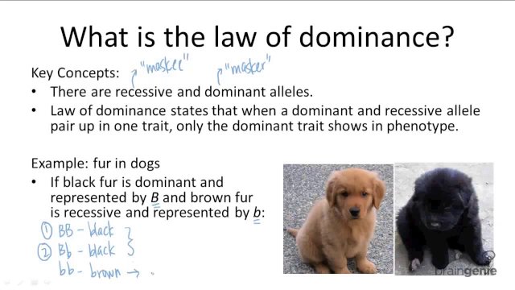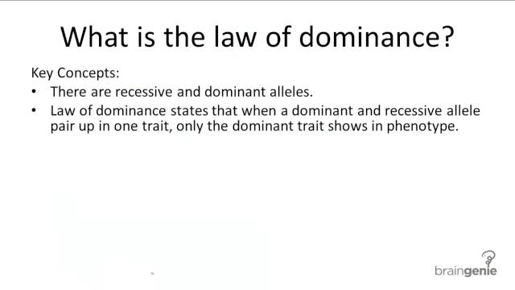So, you should also recognize that dominant alleles will always be written in uppercase, whereas recessive alleles are always written in lowercase. Let's try another example. If Amy inherits a blue eye allele, or little b, from her mother, and a brown eye allele, or big B, from her father, what color eyes is she going to have?